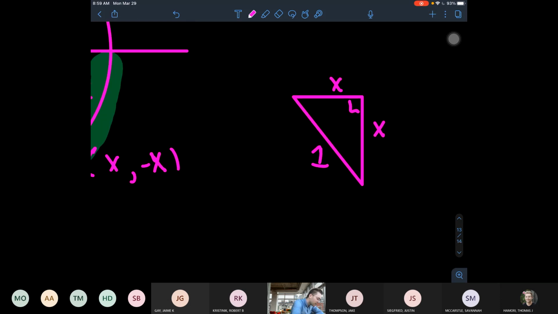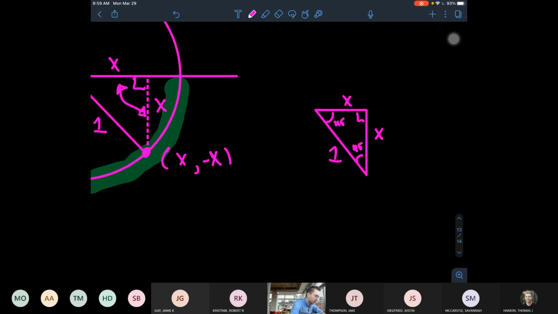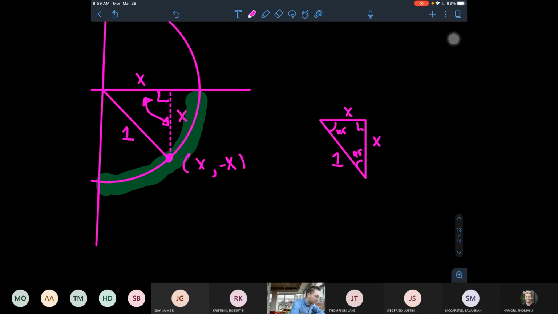So we know that these angles inside here are 45, just by virtue of that. Okay, there's only one type of triangle which has a right angle on the inside and two of the side lengths the same. It's a 45, 45, 90 every single time. Okay, so what is that telling us?